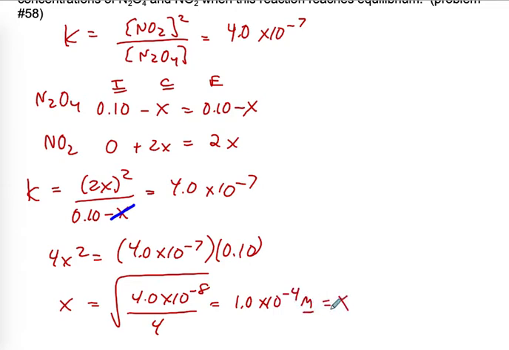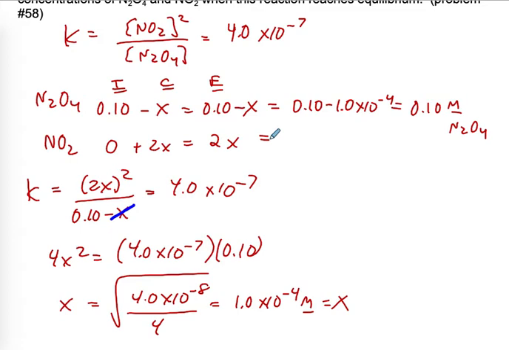And now we see if we take 0.10 in the new denominator of the K expression and subtract 0.0001, we just get 0.10. Okay? So now we can go back and we can calculate our equilibrium concentrations.